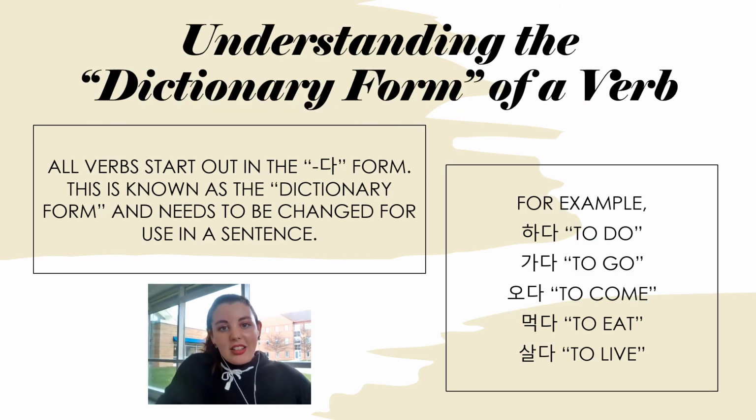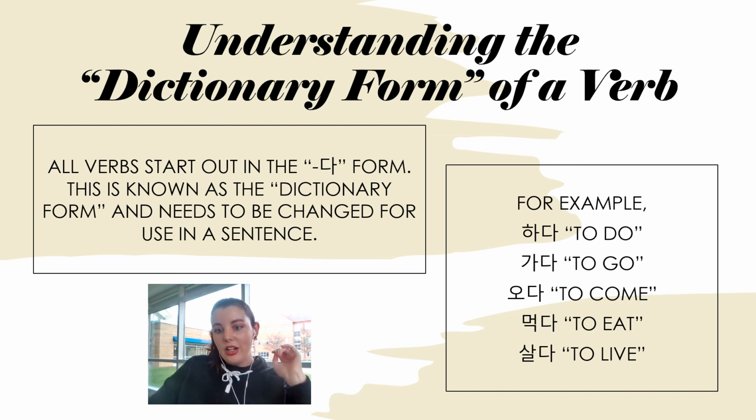All right, first we need to understand the dictionary form of a verb. All verbs start out in the da form. This is known as the dictionary form and needs to be changed for use in a sentence. On the right-hand side of the screen, we can see that all of those verbs end with da. 하다 means to do, so it's just adding that in front to make the verb structure.